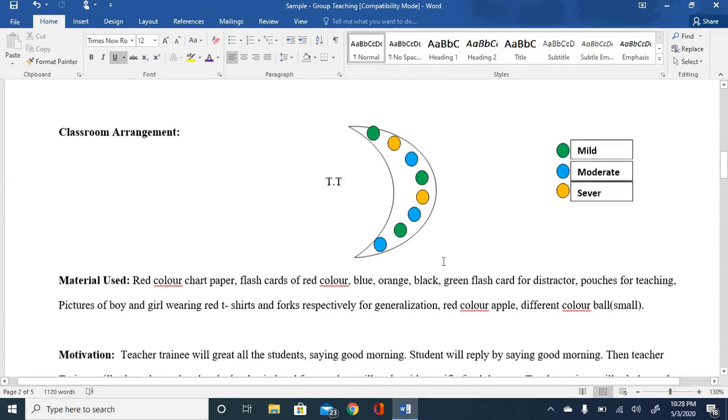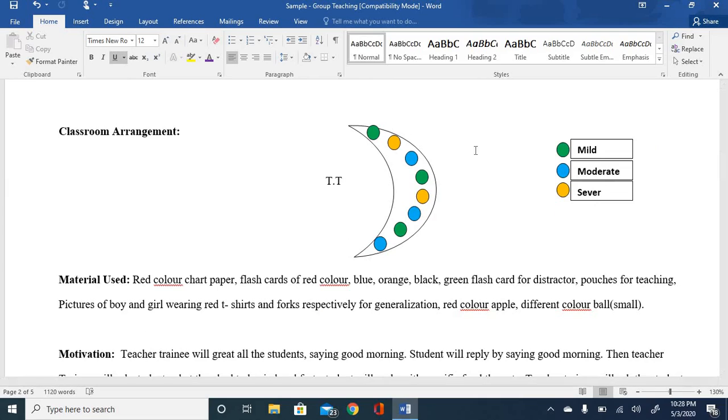So next component is your classroom arrangement. So this is a C-shaped classroom, whereas there can be L-shape, V-shape. It depends upon the classroom and how you design your class as per the activity which you have selected. So here you can see it is very clear. The green reflects mild, moderate, and severe.